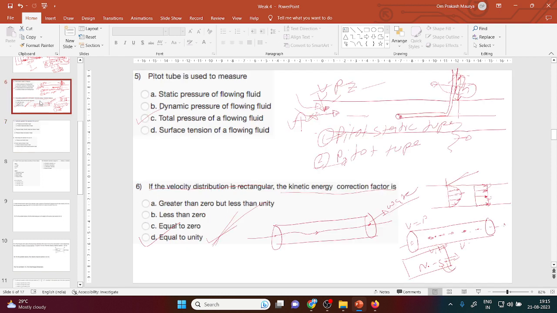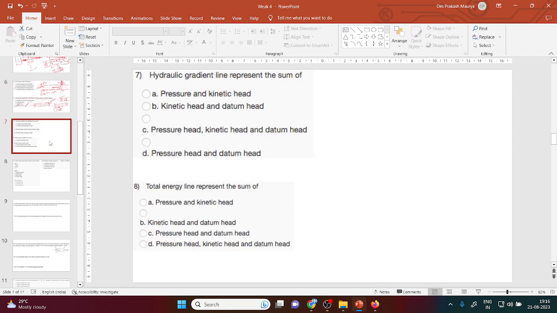So for the Bernoulli equation, what are the total assumptions? It should be inviscid, frictionless. Frictionless means inviscid. So, in conclusion, the Bernoulli equation is applicable where the fluid is inviscid.